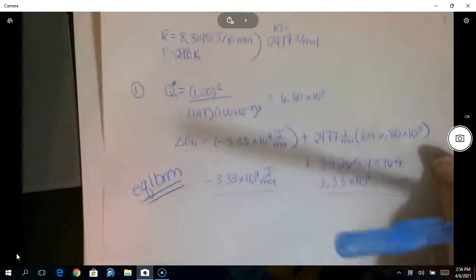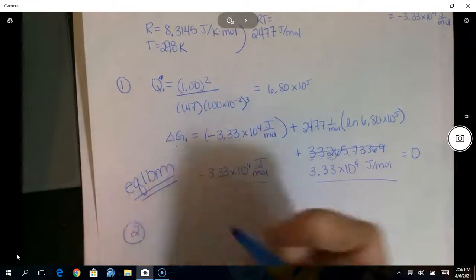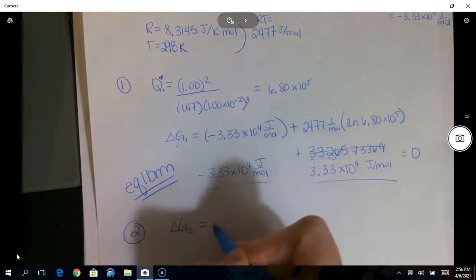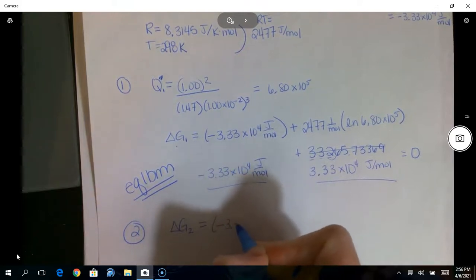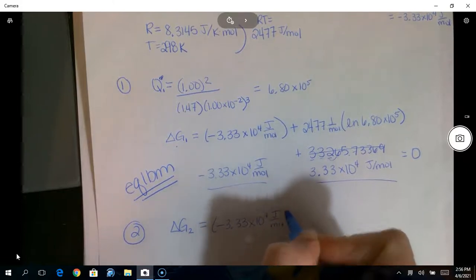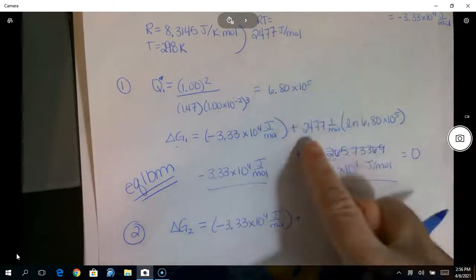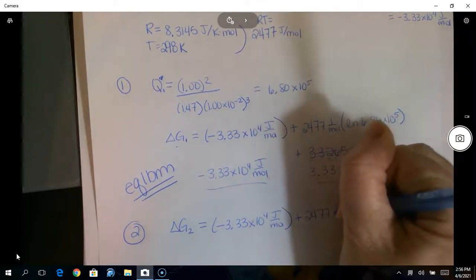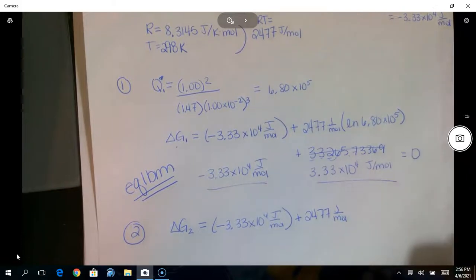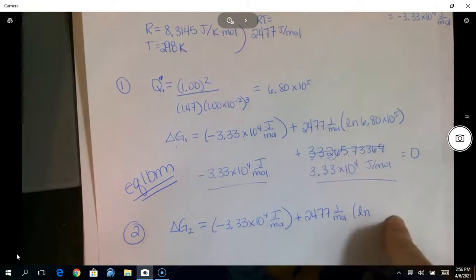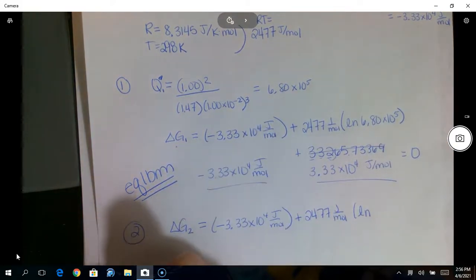So let's talk about condition number 2. Delta G2 is still going to be that negative 3.33 times 10 to the 4th joules per mole, plus I still have my 2477 joules per mole, but now I need my next Q, so times the natural log of whatever Q is. So let's figure out what Q2 is.